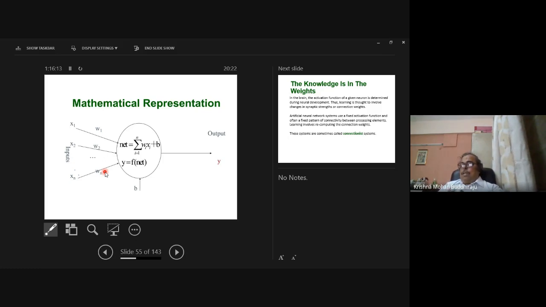So you understand the difference now. You don't know what the W's are. You have to determine them. So it's an optimization problem. You have to minimize the classification error, that is, the difference between the computed class and the true class.